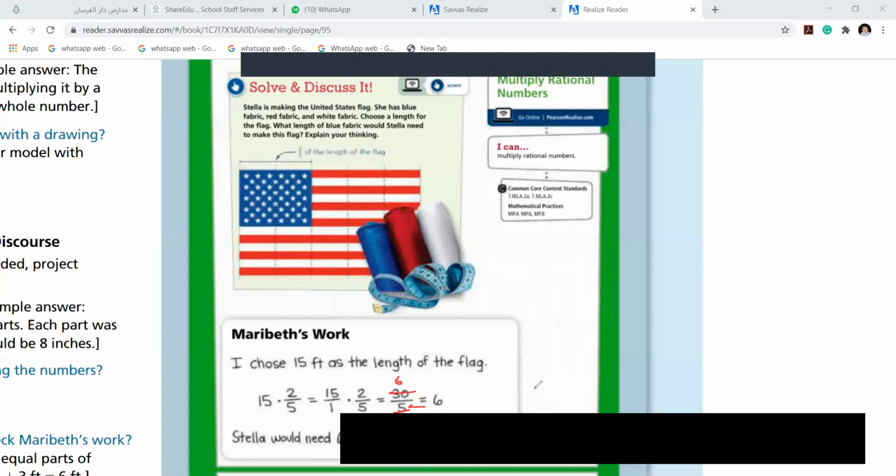And she got the answer as 6. Understood this? Yes. Okay. Now go to the next question.